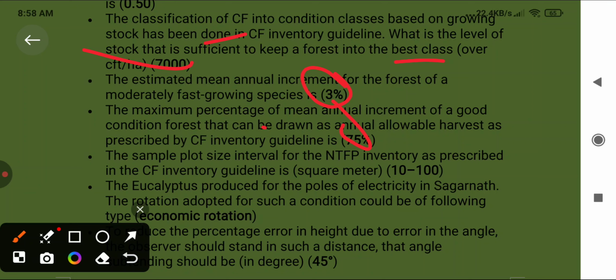The sample plot size interval for the inventory prescribed in the community forestry guideline is 10 to 100. The eucalyptus produced for the production of electricity in Sagarnath. The rotation adopted for such a condition could be of following type: economic rotation.